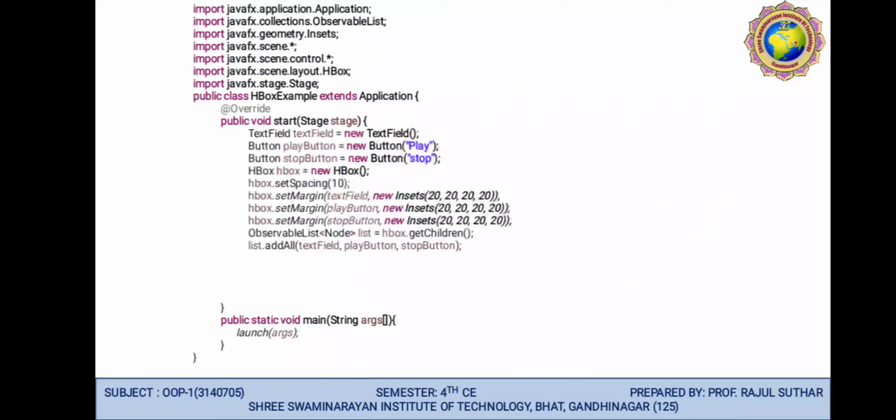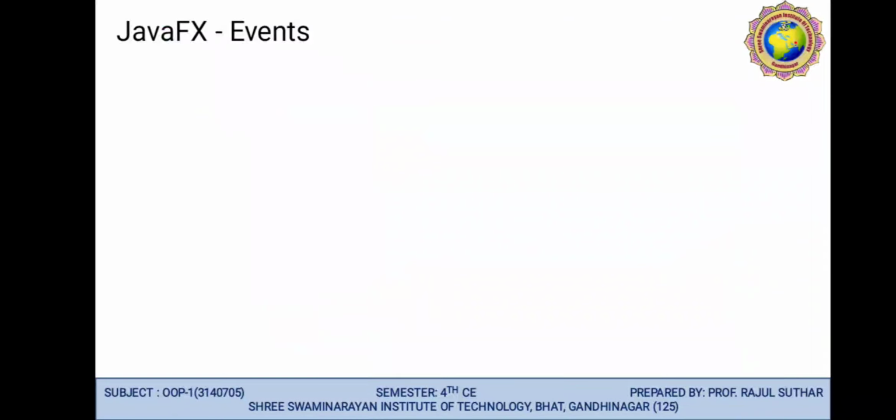Scene equals new Scene(hbox). stage.setTitle: here the title displayed will be HBox Example. stage.setScene, stage.show, and we use the main method for launching the program.